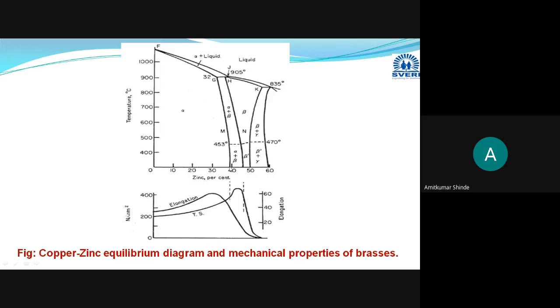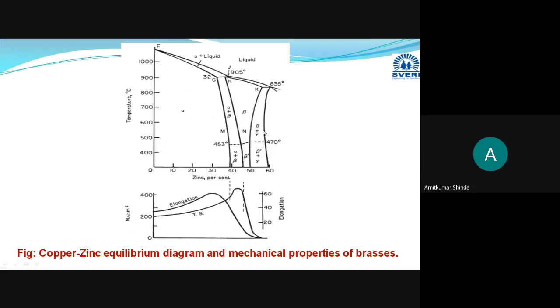And when percentage of zinc is in between 38 to 44%, it will be termed as alpha beta brasses. As in their microstructure you will be able to see two phases, that's why it will be termed as alpha beta brasses. Then above 44% beta brasses, and above 50% beta dash gamma brasses are there.